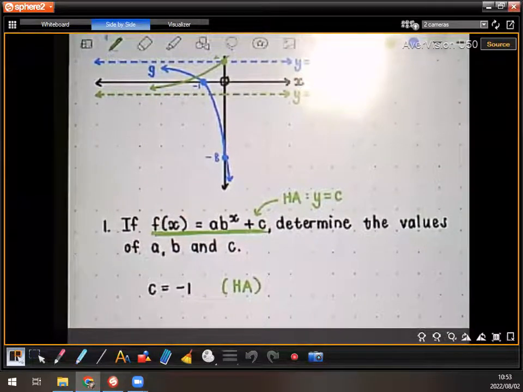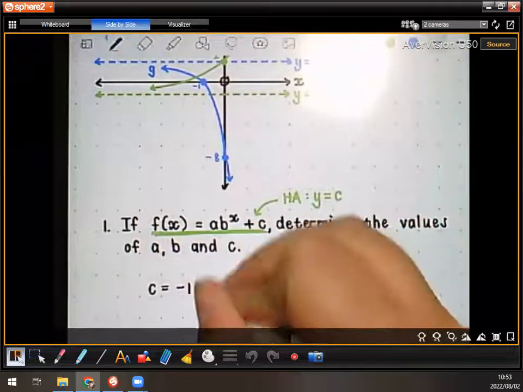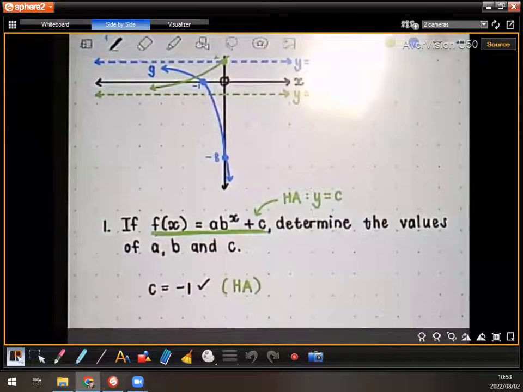Yesterday we just said find the equation of the graph. Now they're saying determine the values of a and c. But it's kind of the same thing, because if we have the equation of the graph, then we're going to know what a is. Okay, c we can find easily. And guys, that's one mark. There we go. There you have a mark already for getting that c is -1.